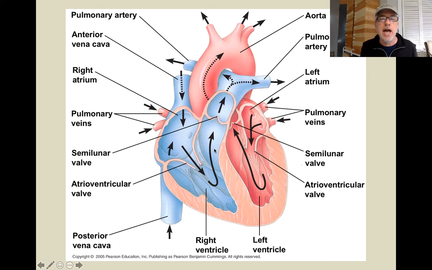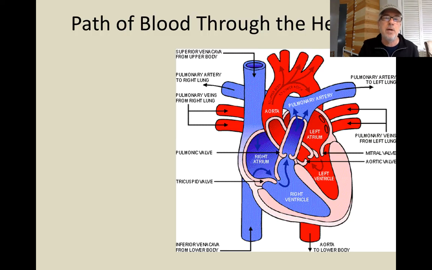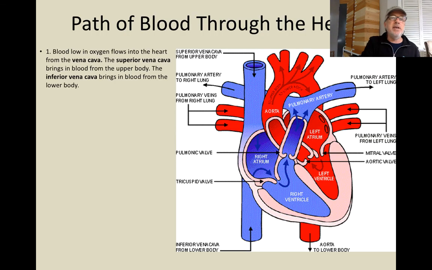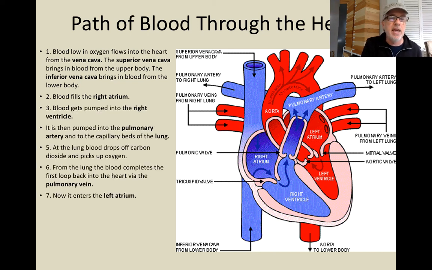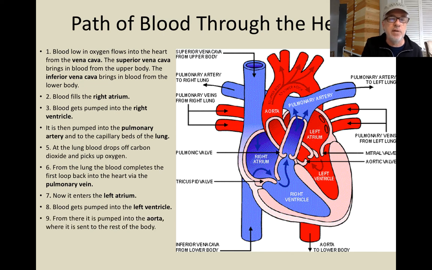Here is another diagram that shows you the anatomy of the heart, the flow of blood through the heart, and the oxygenation state of the blood in the heart. So you can use this to study as well. And finally, here is another way to study, and you can go through once again and test yourself with a different diagram.